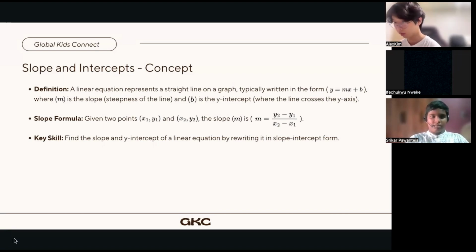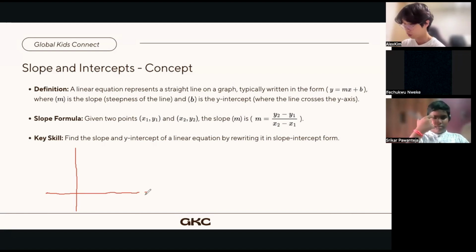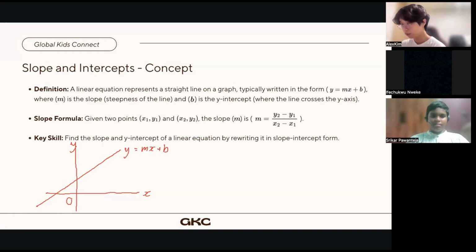Just to get a feel for what a graph would be: if we have an xy plane, the horizontal being x and the vertical being y, with the origin in the middle, and a straight line with the equation y equals mx plus b, then the change in y over the change in x is equal to the slope, which is m, and the b within the equation represents the y-intercept here.